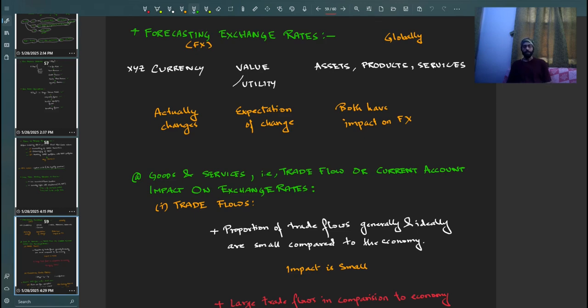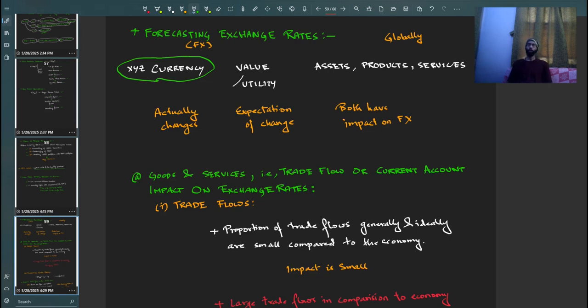Forecasting exchange rates. So we have a template here and we'll understand every aspect here. Let's not get confused. We'll start with one thing. Let's say there is a currency of country XYZ. We call it the XYZ currency, right? There is this XYZ currency.